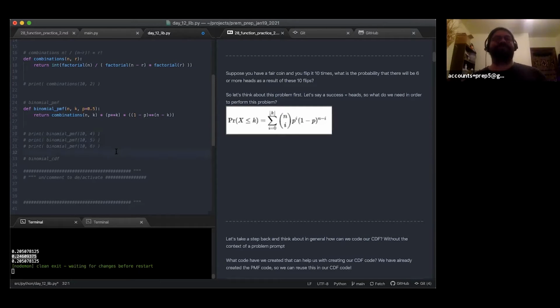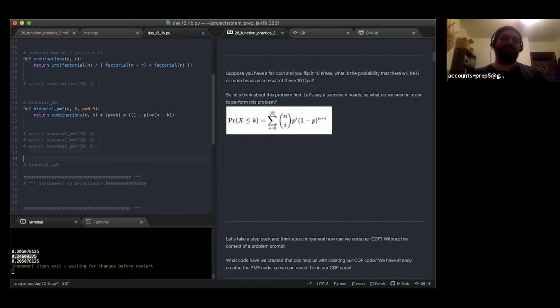I wanted to bring this up. Somebody brought it to my attention that I made a mistake in the Poisson class that we wrote yesterday. I did from math import e as E, and then when I implemented the function, I wrote lowercase e instead of uppercase E. I specifically named it uppercase E, and then forgot to use it.